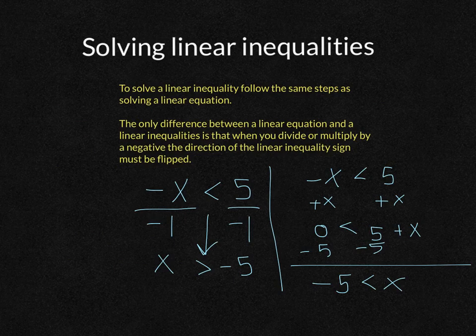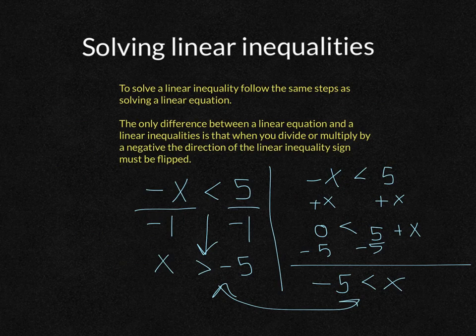So these two inequalities are actually the same. They're just switched around, but if you were to flip this whole inequality, you would end up with x is greater than -5. So instead of adding the x over and subtracting the right side over, whatever it is, we just flip the inequality sign, and it makes the process a little bit easier.